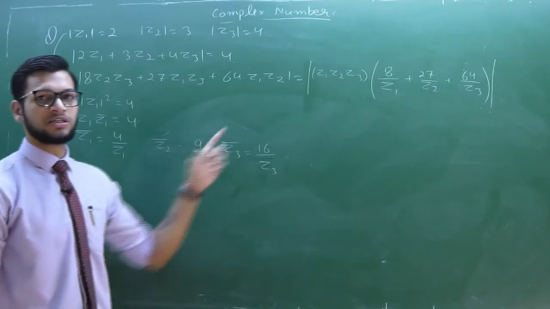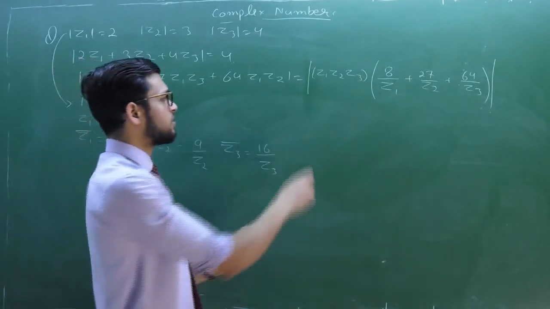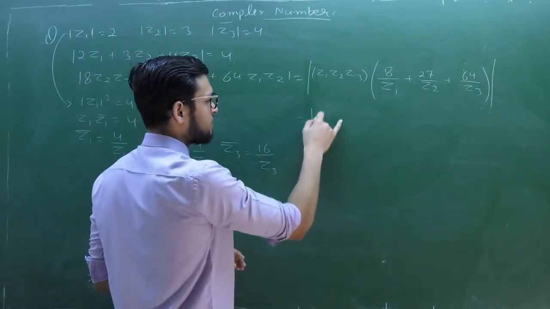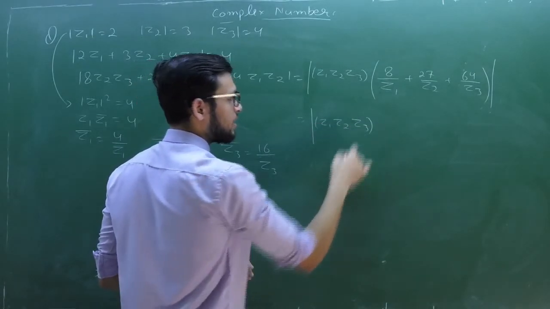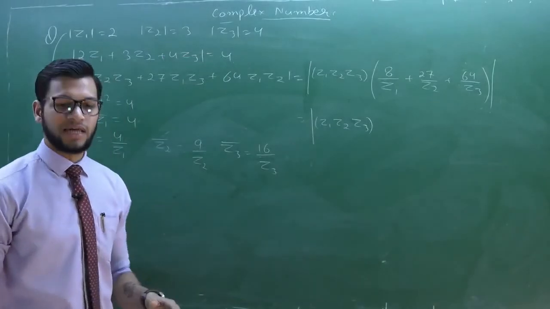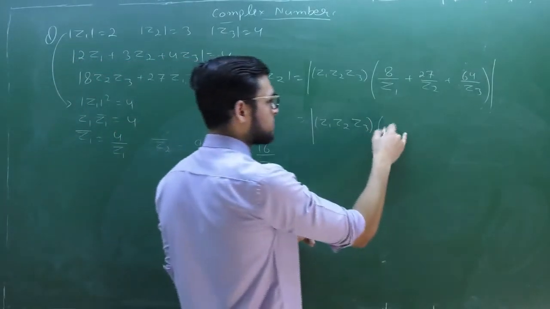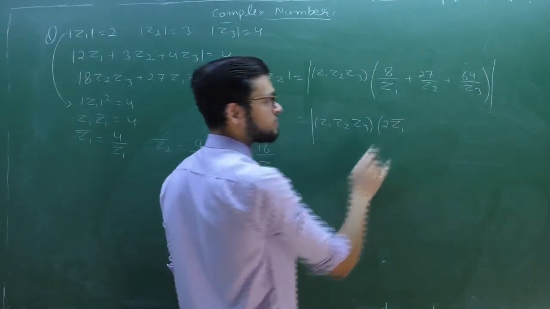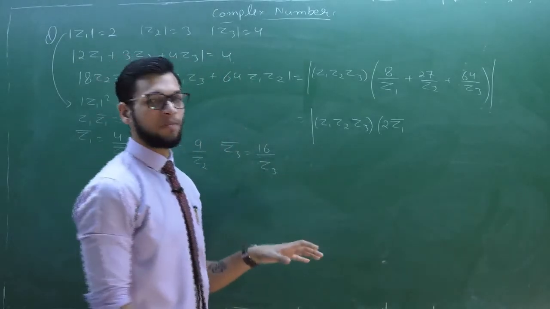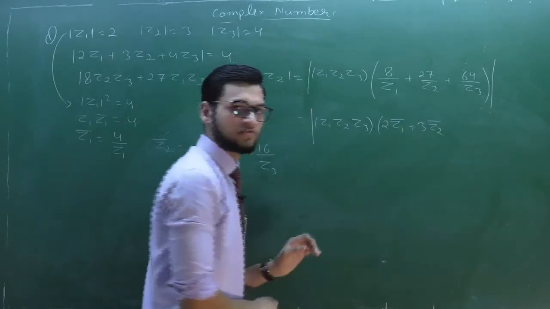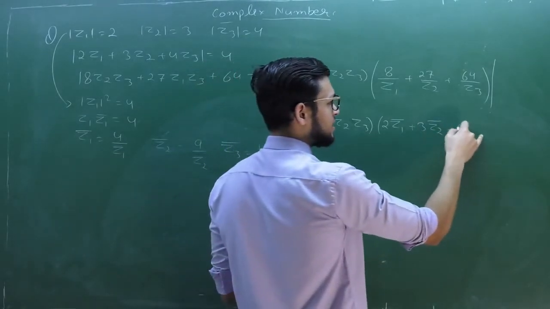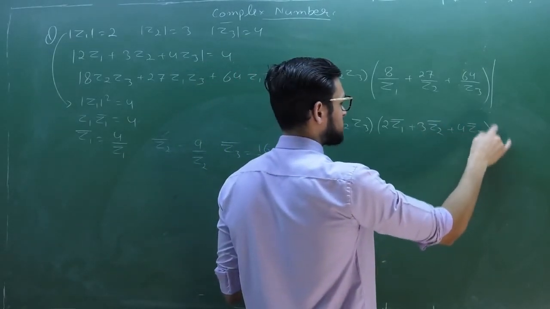If we substitute this in this equation, then we have z1 z2 z3, and then 8 upon z1 will definitely equal 2 times conjugate of z1. 27 upon z2 will equal 3 times conjugate of z2, and the last term will equal 4 times conjugate of z3.